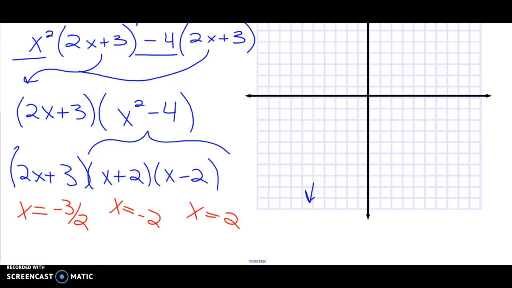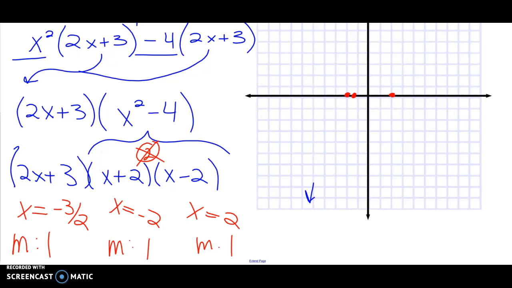So you can go ahead and throw those on your graph. Negative 2, positive 2. What's negative 3 halves? Negative 1.5, so those are pretty close together. What is the multiplicity of each of them? They're all just a multiplicity of 1 because none of those factors are squared.